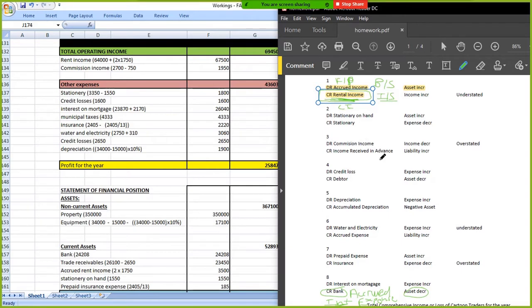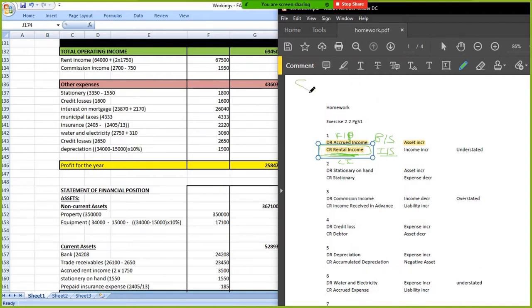Do you see that? Yes, no? Can you just type something in the chat so I know that you're okay with that? Do you see why I asked you to do those workings? Do you see how important it is to have those workings? Those workings tell you what to do in terms of disclosure. Remember we said last week, assets and liabilities are disclosed in the statement of financial position. Very important.